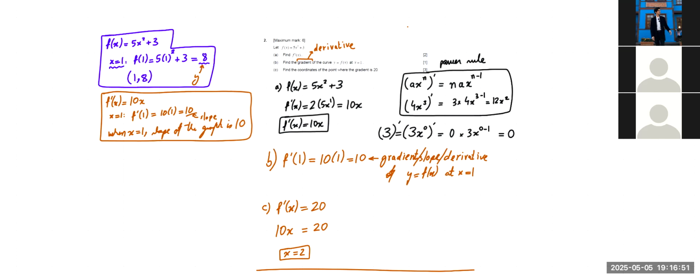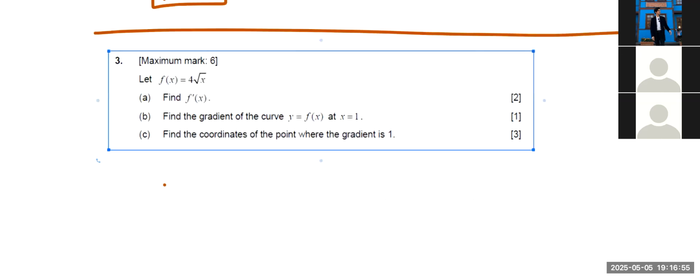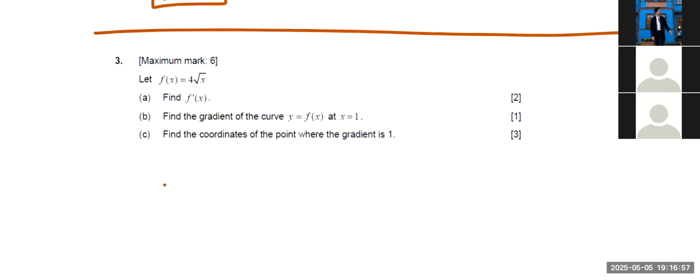By the way, you guys remember the law of exponents, right? So for example, when I show you a function with a square root of x, instead of writing the square root of x, I can write it as a power of x. What would that power be? How do I write square root as a power of x?